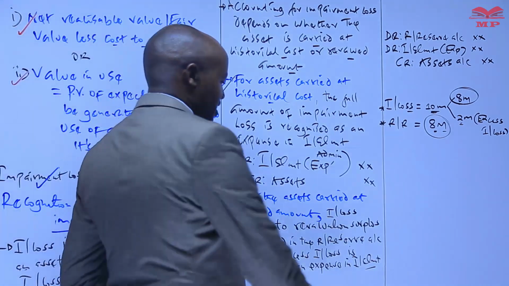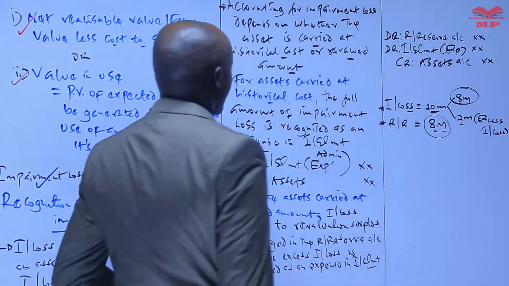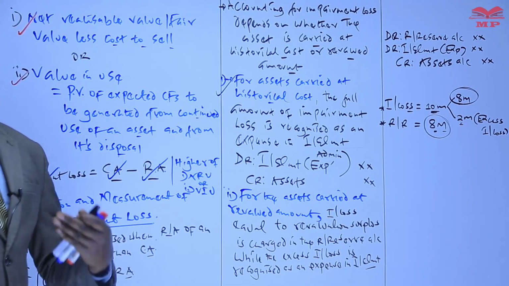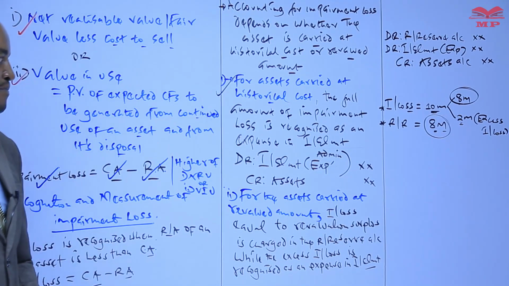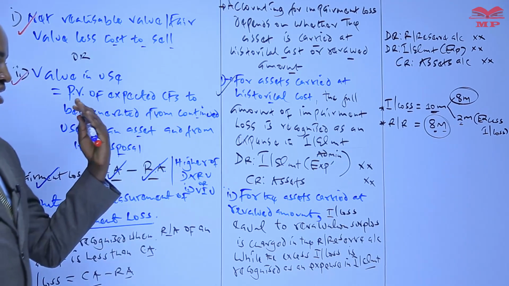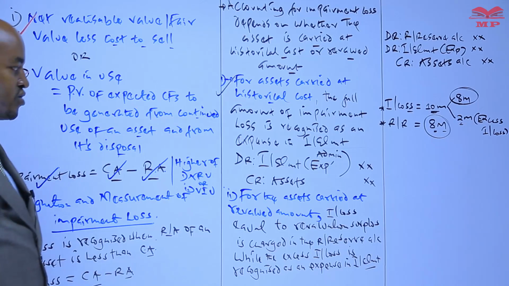And in this case, you can see that how we account for this particular impairment loss depends on the accounting model used by the company to account for the items of PPE, whether the company is using the cost model or the revaluation model.